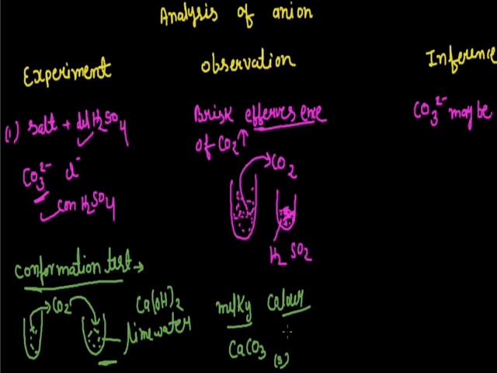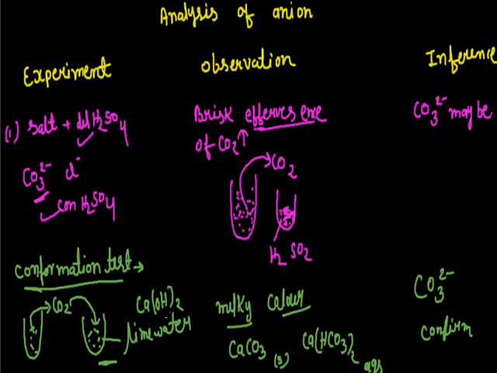If we pass excess CO2, after some time the calcium carbonate disappears and gives a colorless solution due to the formation of calcium bicarbonate, since calcium bicarbonate is soluble in water. So these two tests confirm that our salt contains carbonate. Is carbonate confirmed?